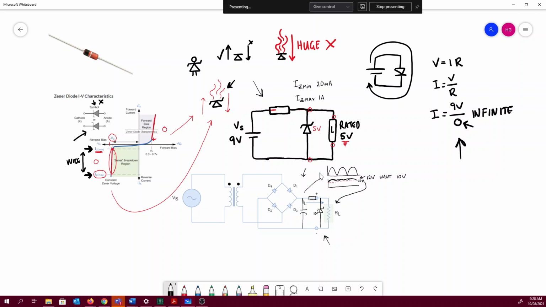Nice wide range there. What sort of value resistor would you pick so that this Zener diode behaves in the way that it's supposed to, so that it conducts? Or what formula would you use to try and figure that out?